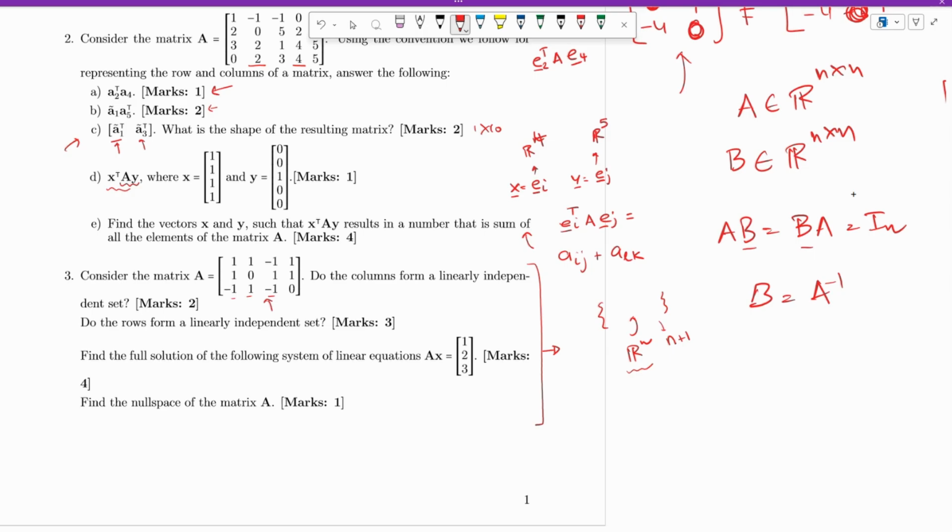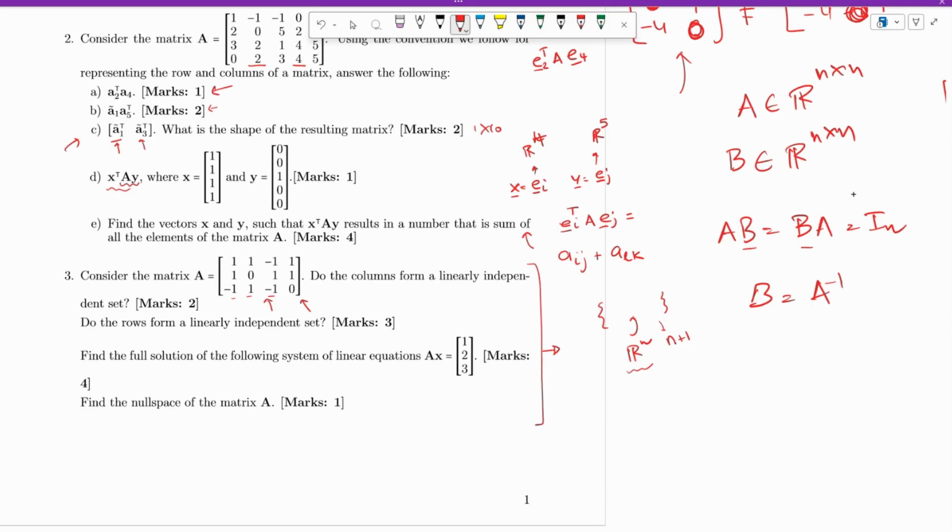Or another way to think about it is rank. What can you say about the rank of this matrix? Well, you don't know the rank, but since this is a 3 cross 4 matrix, what can you say about the rank? No, it will not be 3. You know for sure it will be less than or equal to 3. It will be between 0 and 3.